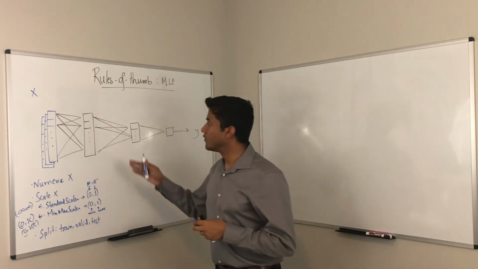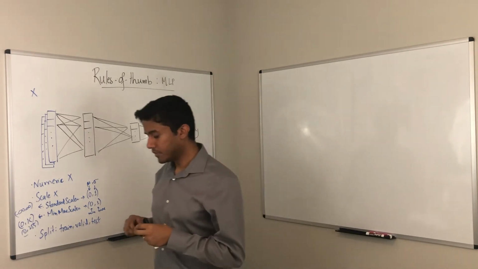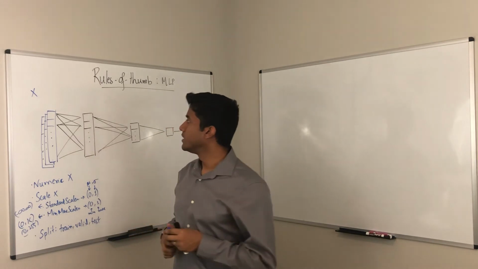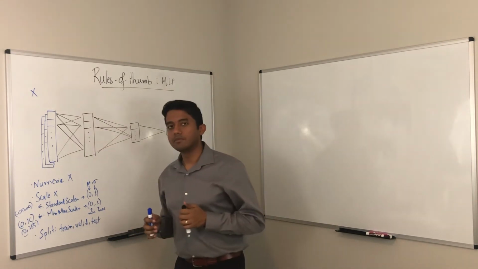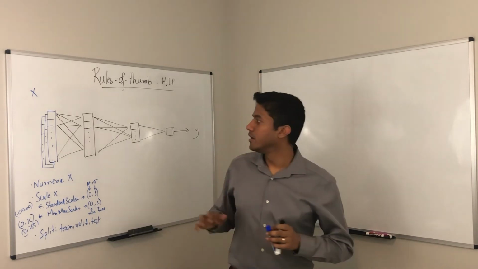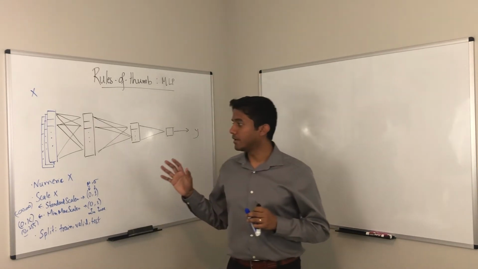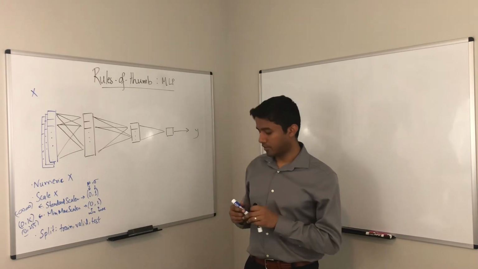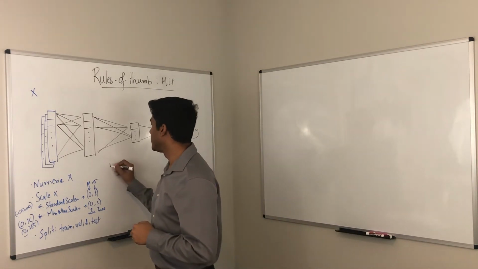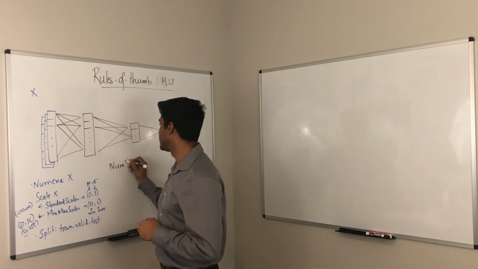Next, we'll move to the layers. Before I get to the size of the layer, the number of layers. For the number of layers in the baseline model, it is good to start with two hidden layers.